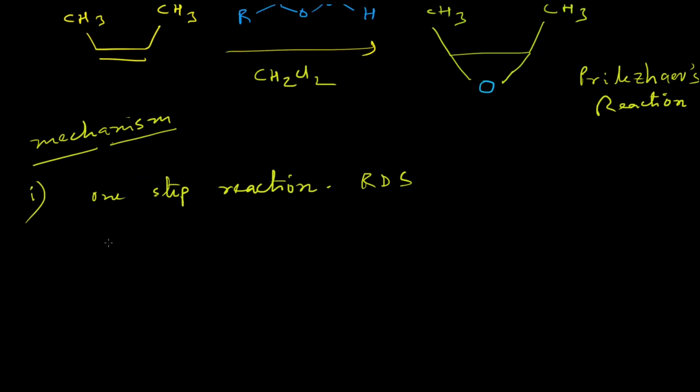By considering this aspect, the molecularity of this reaction will be 2. That is, this reaction will be bimolecular in nature, since for a one-step reaction, both the starting material and the reagent should react with each other in the same step.